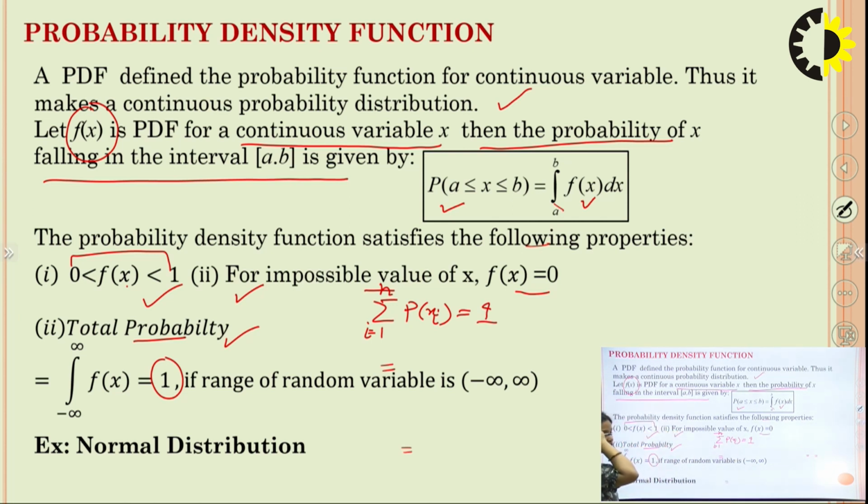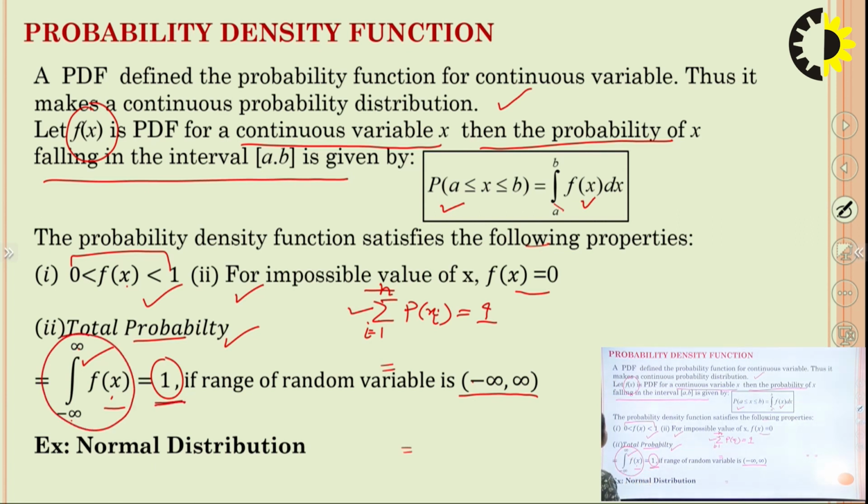Total probability was equal to 1, which was given by sigma. It stands for summation for a discrete variable. But in case of continuous variable, instead of using this sigma, we use integration. From where to where? If the random variable is defined for the range minus infinity to infinity, then just integrate the probability function from minus infinity to infinity. This is total probability, which will be equal to 1.